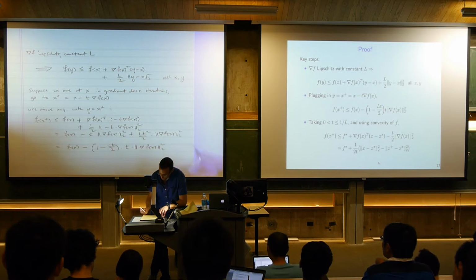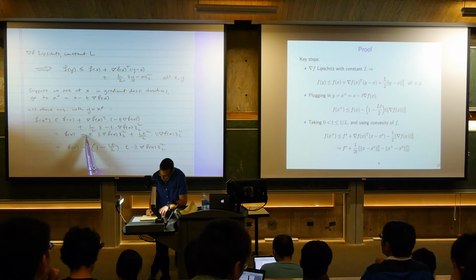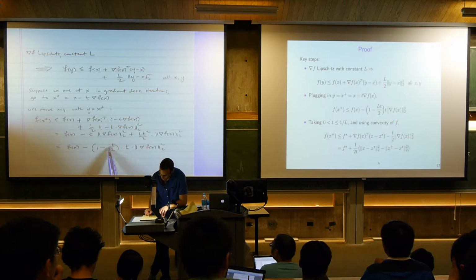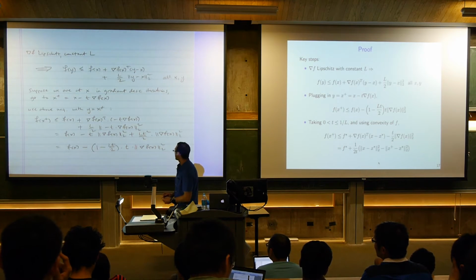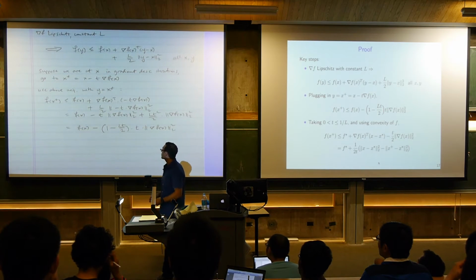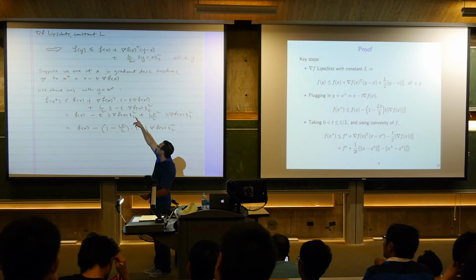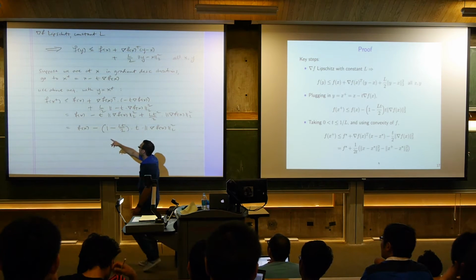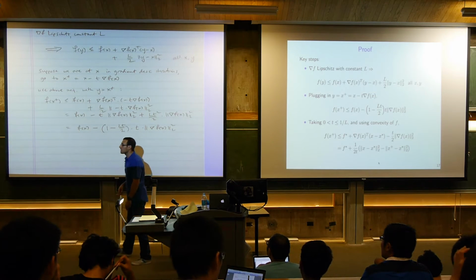Let's hope that's right, because I get minus t from one term, and from the other I get plus L t squared over 2, since I have two negatives. Let's pause here and think about what we got. The strategy was pretty simple: we used this inequality from the fact that grad f was Lipschitz to compare what happened at our next step to our current step in terms of the criterion value.